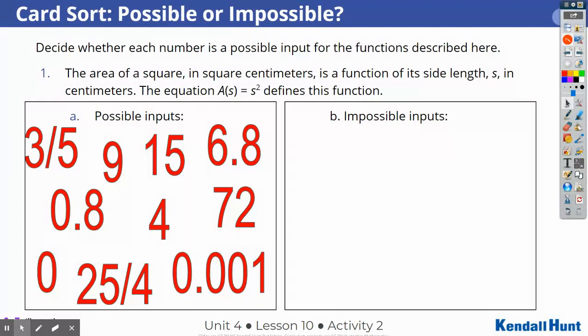But what is impossible is for the length of a side of a square to be negative. So it would be impossible to have a side length of -3 or -18. Okay, so if we were asked to describe these input values, we would say that they would be all values greater than or equal to 0.